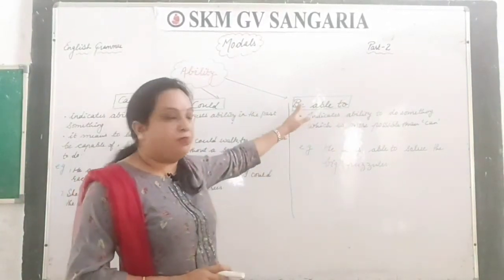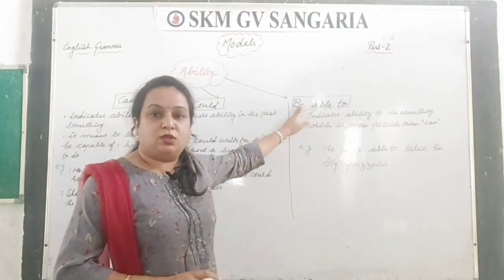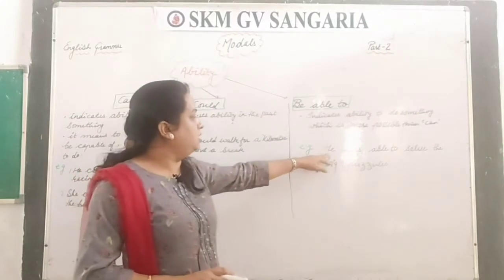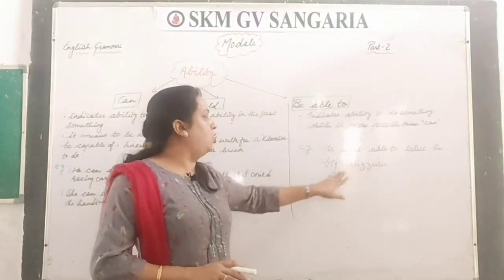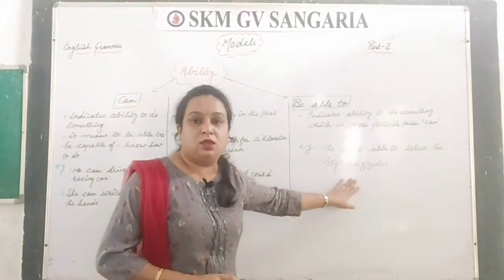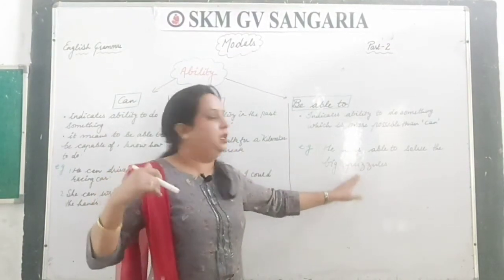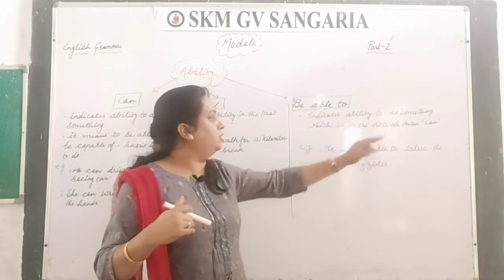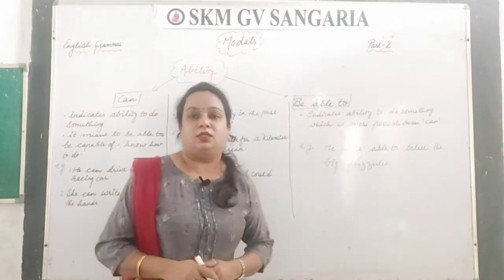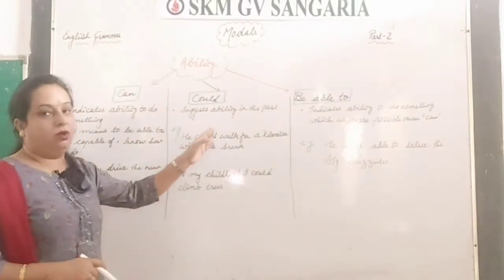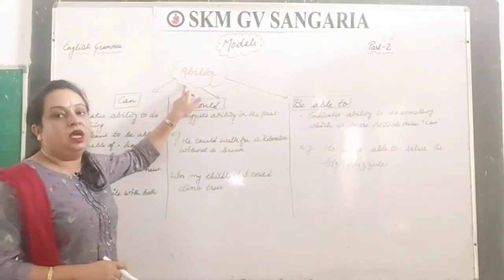This you can use in the present and also in the past. Here I have written the sentence: he was able to solve the big puzzles. When we are more confident than can, we use be able to. So these are the modal verbs which can express ability.